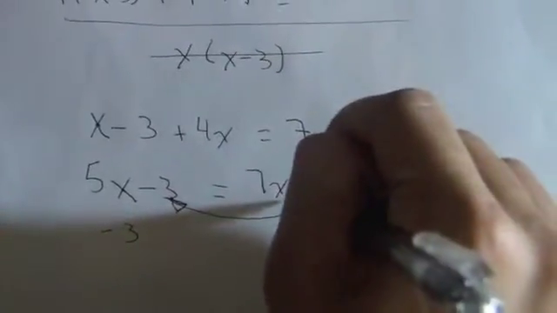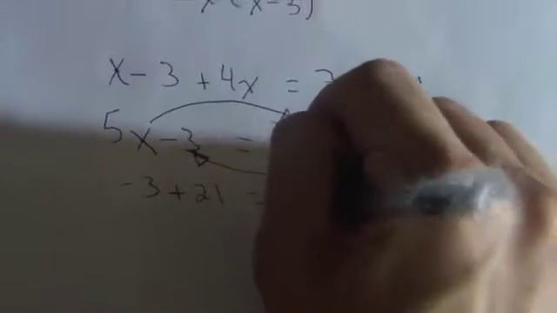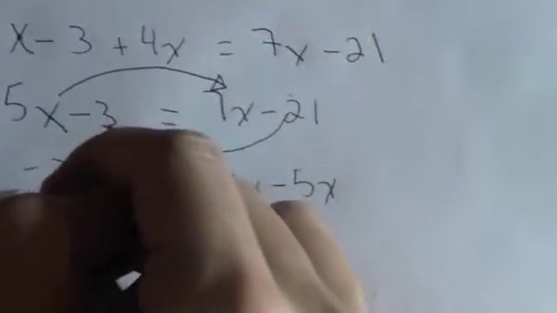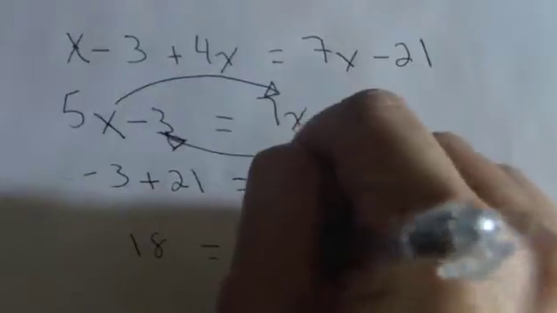So instead of being negative it would be positive, so it would be negative 3 plus 21, and we do the same with the x's. We bring this x to the other side and it would be negative 5x. So it's 7x minus 5x. Negative 3 plus 21 is 18, and 7x minus 5x is 2x.